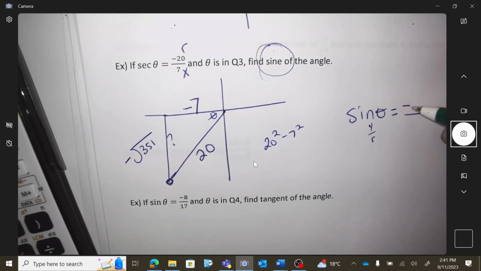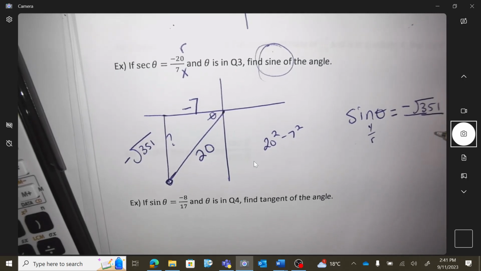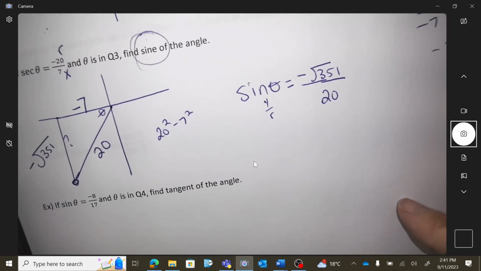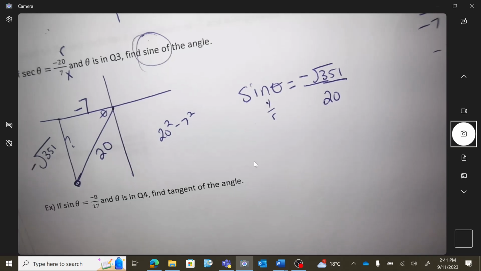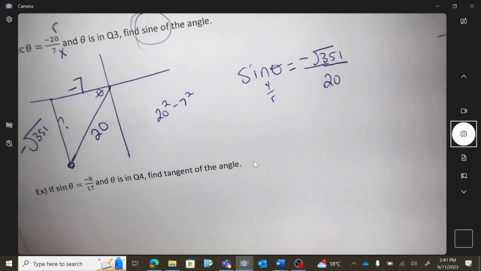So I need negative root 351 over 20. Done. That's it. That's your answer. Okay, I think I'm skipping the next one if you're okay with that.